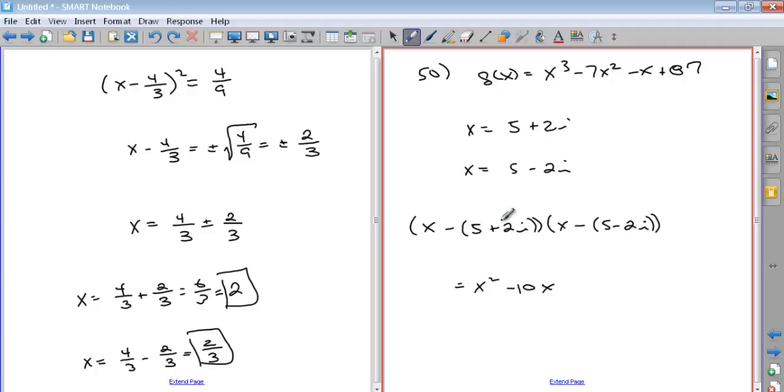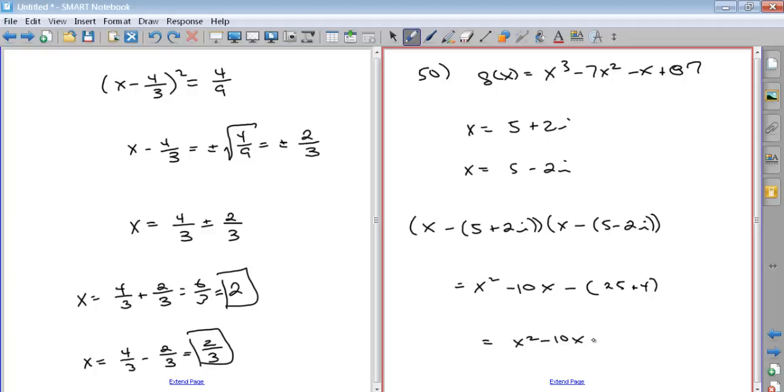And then when you do FOIL on these two, you'll get 25, and then the inner and outer will cancel out. And then we have 2i times negative 2i. So that's going to be negative 4i squared. But i squared is negative 1, so you'll get plus 4 from these two. So you get 25 from here, the inner and outer cancel out, and you get plus 4 for the last one.